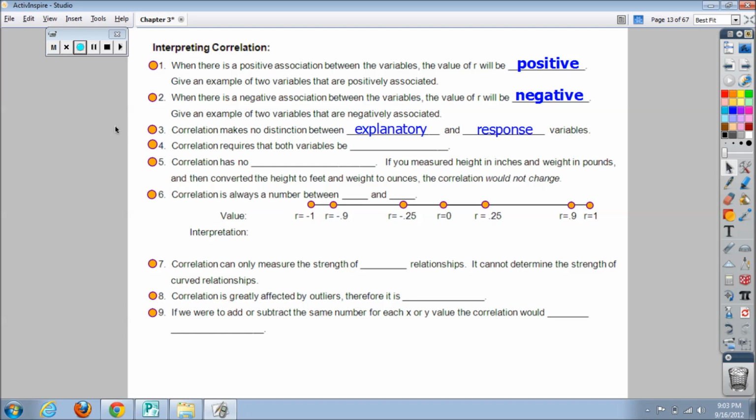Correlation makes no distinction between explanatory and response variables. In those last two examples with miles driven and amount of gas in your tank, if I switch them around and make the x-axis the amount of gas in my tank and the y-axis miles driven, so that I do LinReg with L1, L2 versus L2 as my x values and L1 as my y values, you will get the same r value.